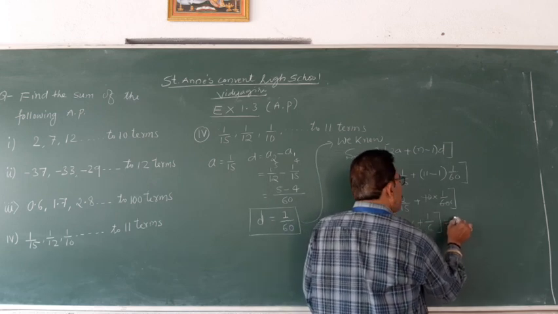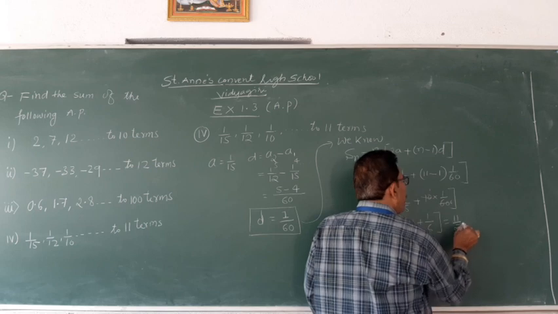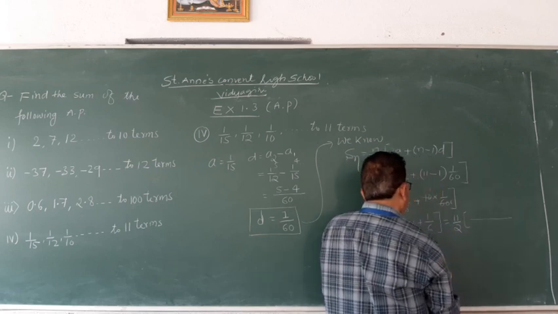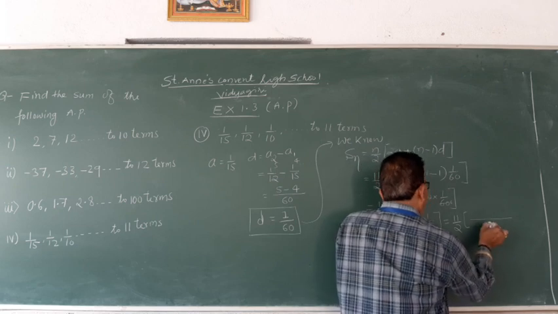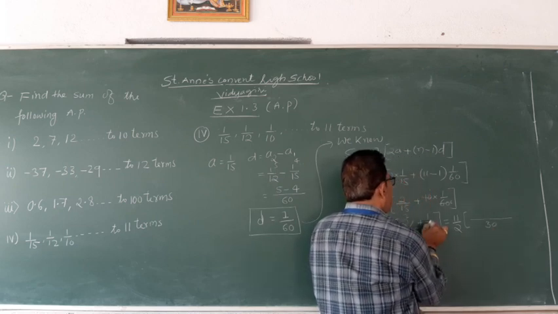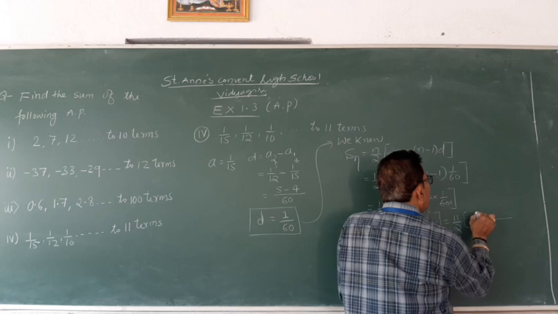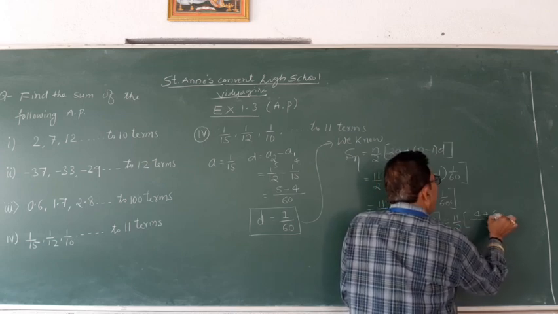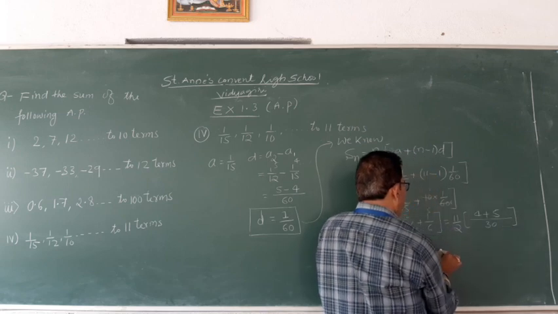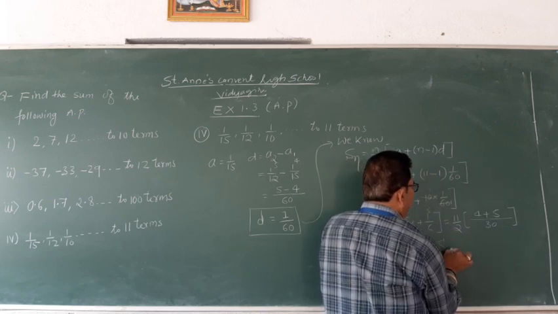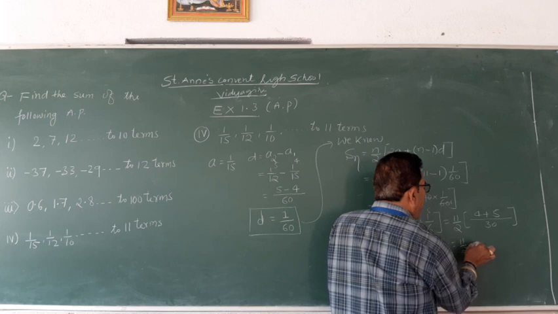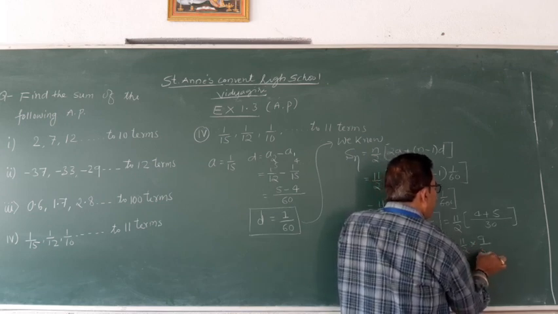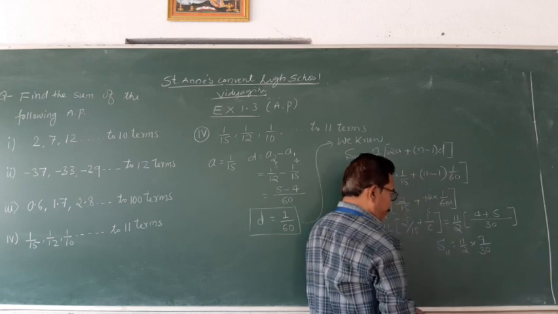Then that equals 11 by 2 in the big bracket, LCM 30, 15 twos are 30, 6 fives are 30. Therefore S11 equals 11 by 2 into 9 by 30.